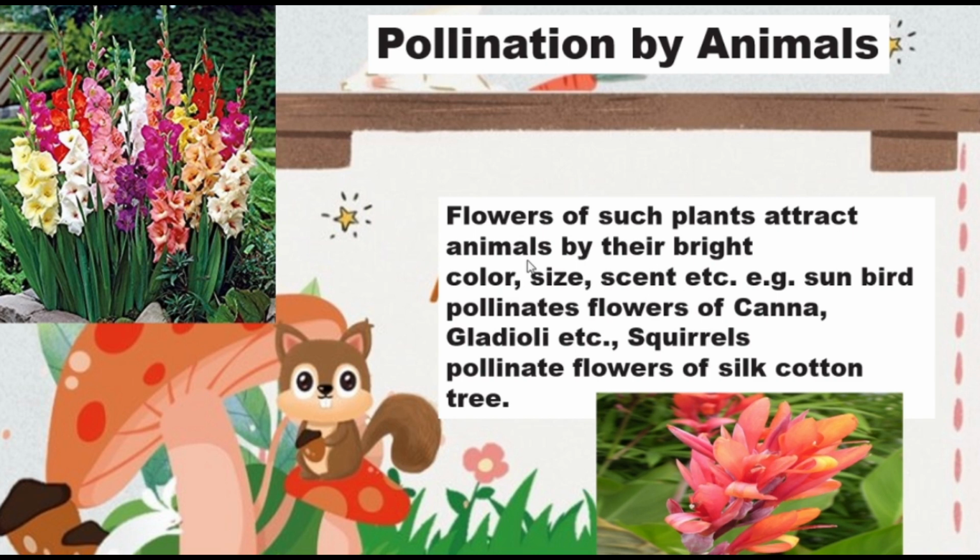So these two plants may be pollinated by animals. Look at that, the flower is brightly colored, so it will attract the animals or some of the birds. Sorry, this is called zoophily.